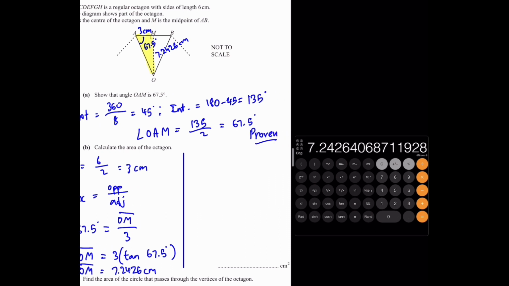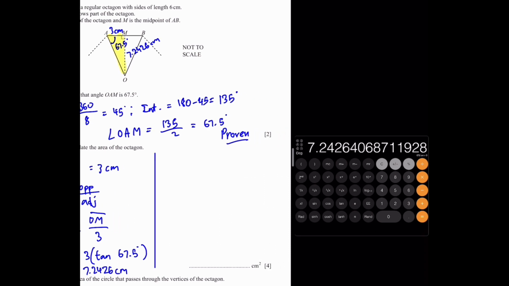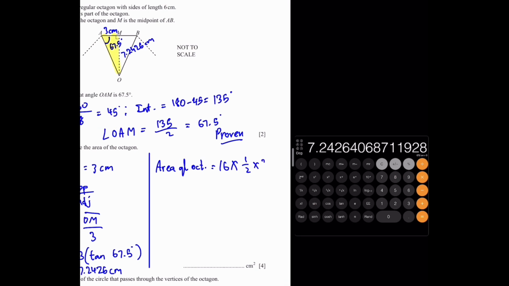Now we can find the area of it, and then multiply by 16 to get the area of the octagon. So the area of the octagon, or OCT for short, will be 16 multiplied by half times 3 centimeters, multiplied by 7.2426.